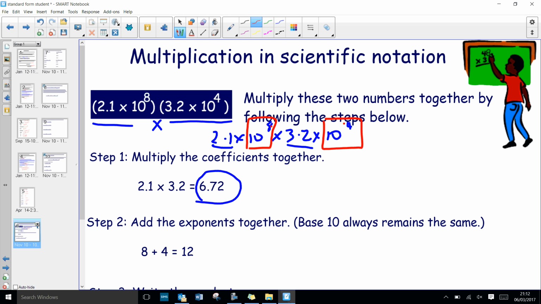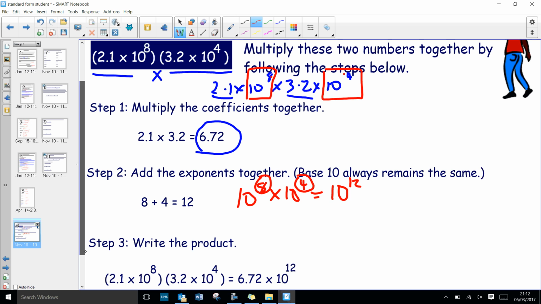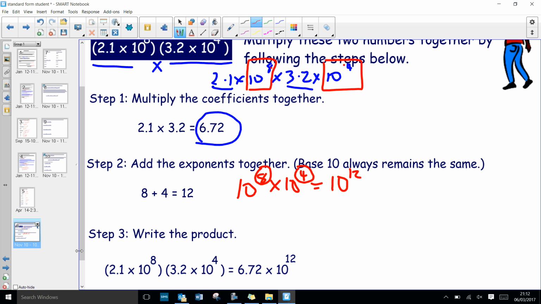So in this case, 10 to the power 8 multiplied by 10 to the power 4 would give us 10 to the power 12, because all we've had to do is add the 8 and the 4. So our final answer would be to give our value 6.72 and then multiply by 10 to the 12.